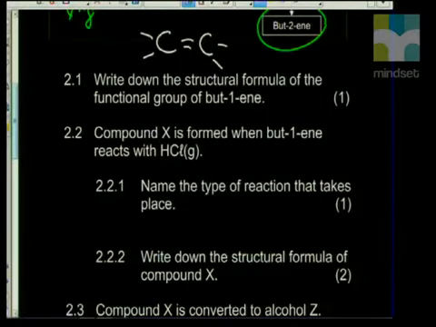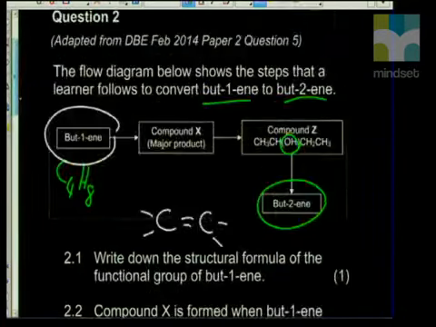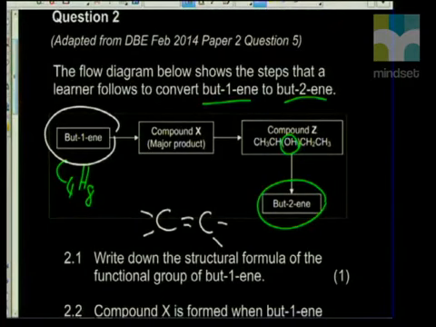Now, the next question tells us that compound X is formed when but-1-ene reacts with HCl. So X, let's get it clear, this forms from there to there when we've reacted with HCl. That's quite interesting. Hope you can see what's happening.